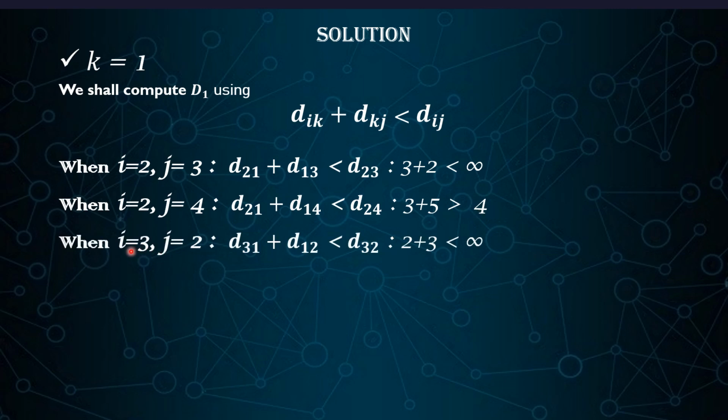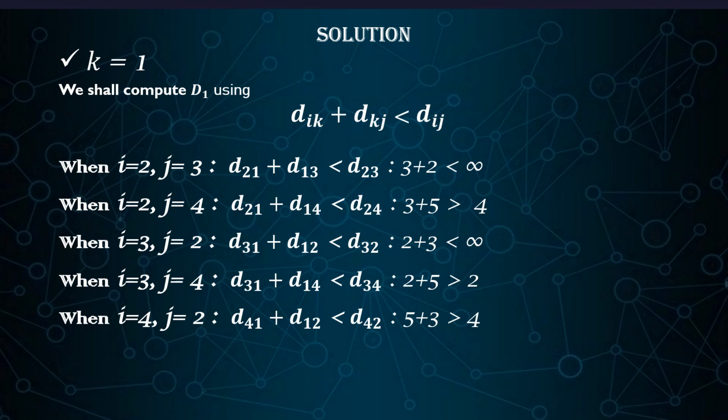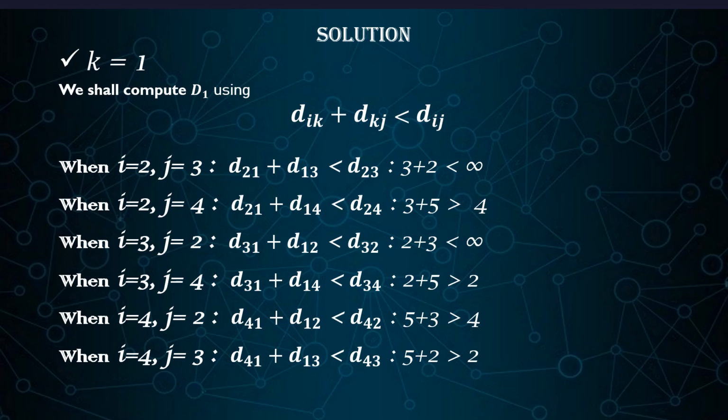For i is equal to 3 and j is equal to 2, we obtain 5, which is less than infinity. Similarly, when i is equal to 3 and j is equal to 4, we obtain 7, which is greater than 2. For i is equal to 4 and j is equal to 2, we obtain 8, which is greater than 4. For i is equal to 4 and j is equal to 3, we obtain 7, which is greater than 2.